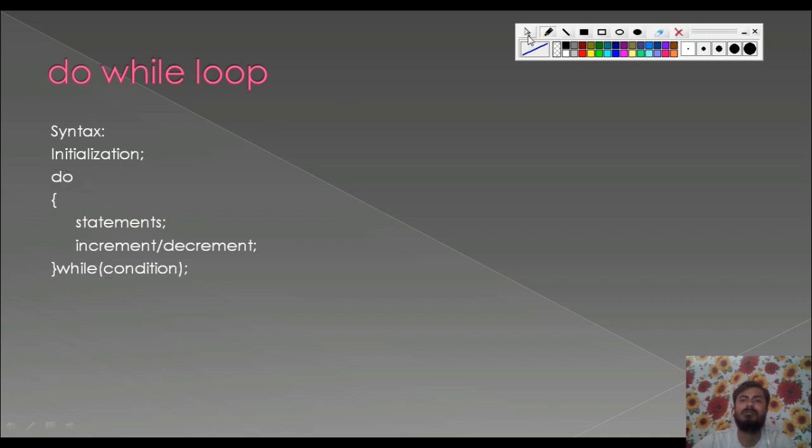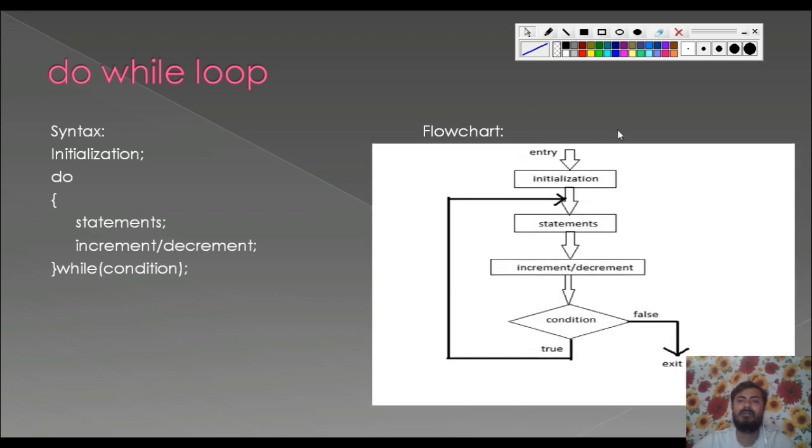Now let us see its flowchart. We can see here the flowchart. Here is the entry of the program. First of all, initialization of the variable is done. Then we give the statements which are to be repeated, or executed multiple times.